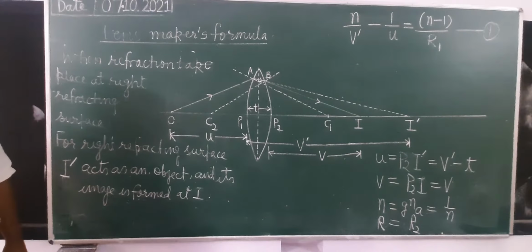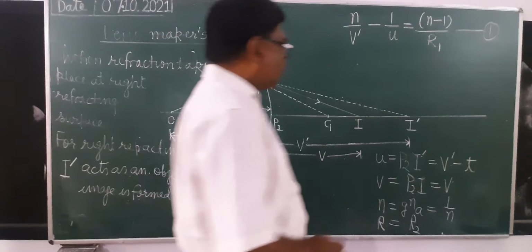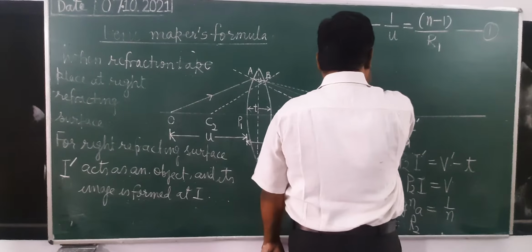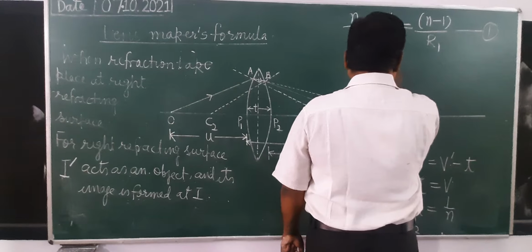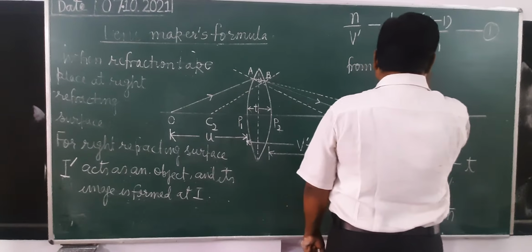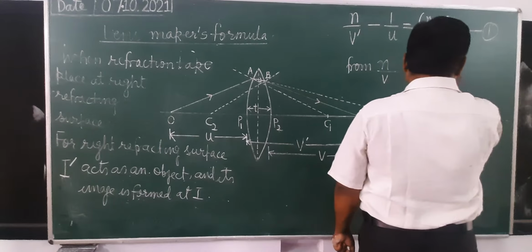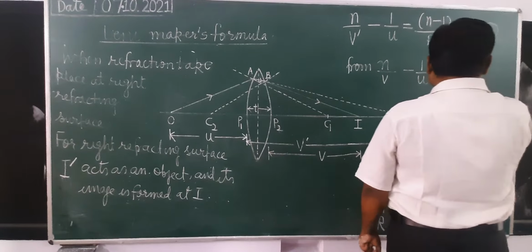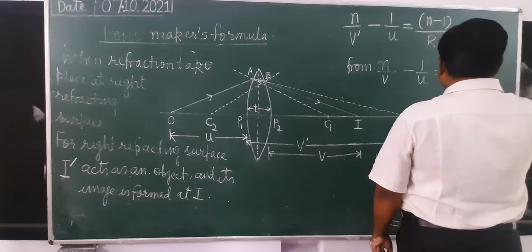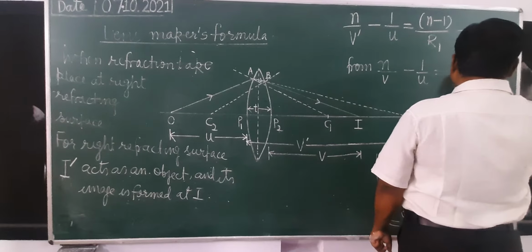Clear? So from n upon v minus 1 upon u equals to n minus 1 upon r.